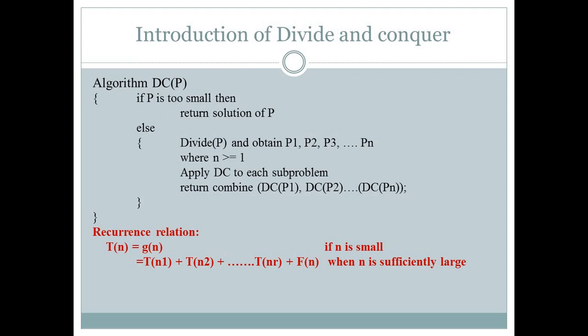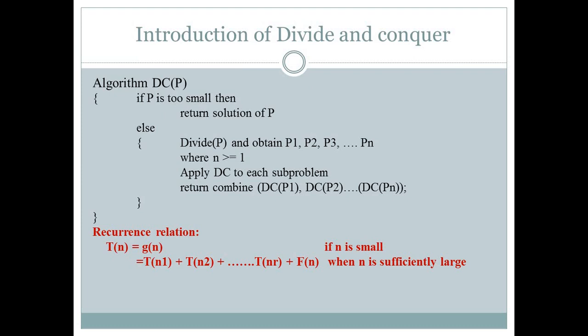Otherwise, we will divide our P into P1, P2, P3 up to Pn parts, where n is greater than or equal to 1. After that, we will apply the solutions, means P1 solution, P2 solution, P3 solution, and we will combine their solutions. And after combining, we will return.